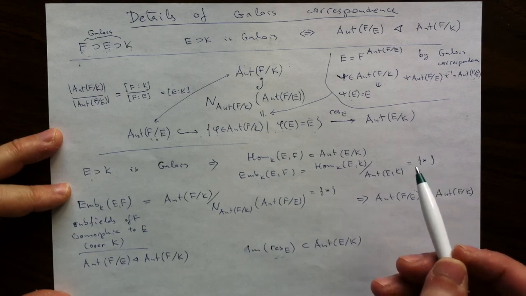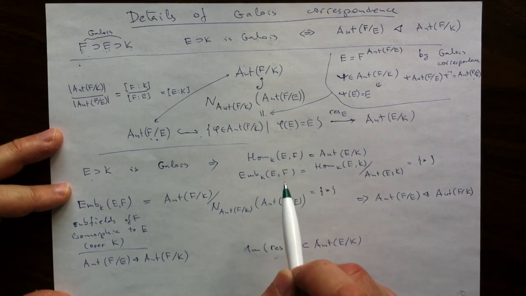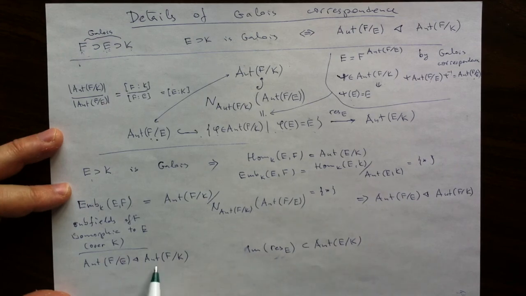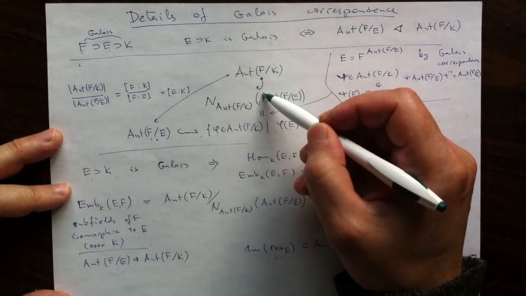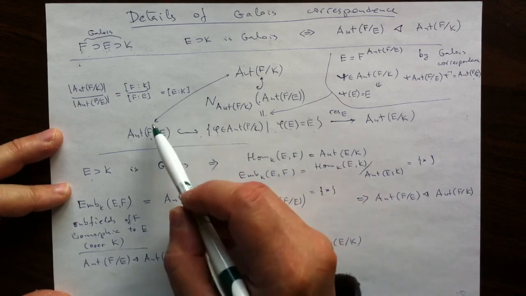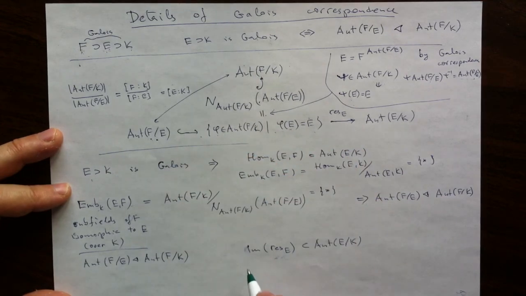Assume that it is normal, so we know that this is the same as that, so this index is just this index which we identified with the index of K and E.